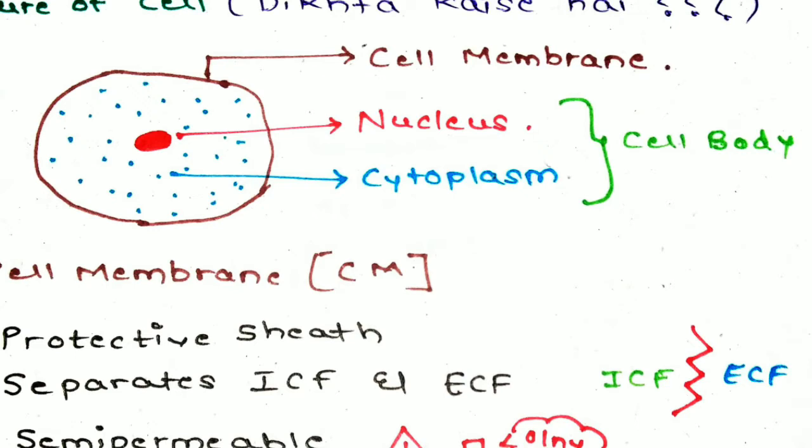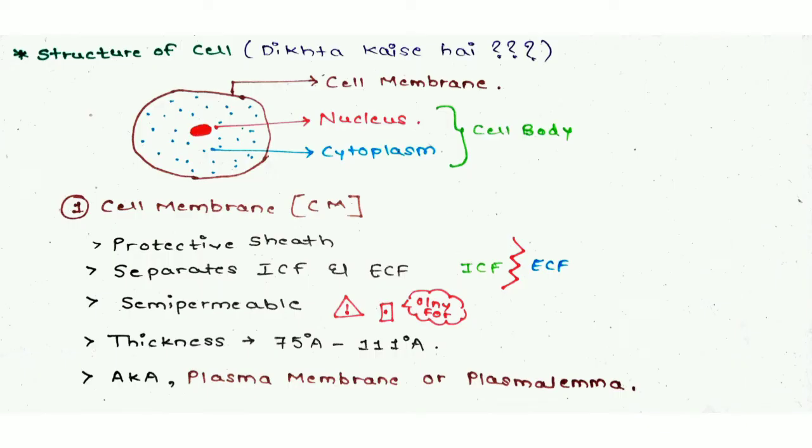The nucleus and the cytoplasm together are called the cell body. So you can say the cell membrane encloses the cell body. In the further part of the video we will be studying these headings: cell membrane, cytoplasm and nucleus.